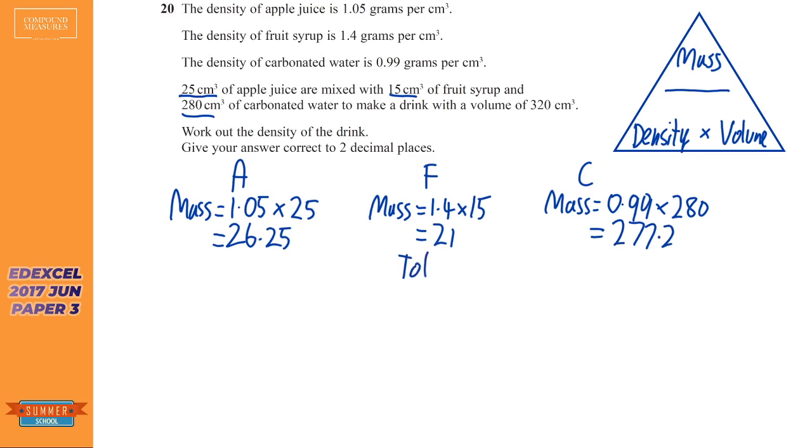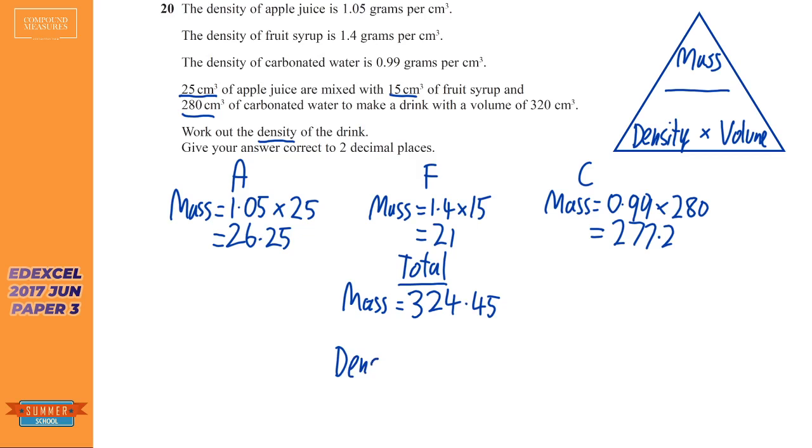So we'll have our total. So it's this string here. So the mass will just be adding all these up. So 26.25 plus 21 plus 277.2, and that gives us 324.45.